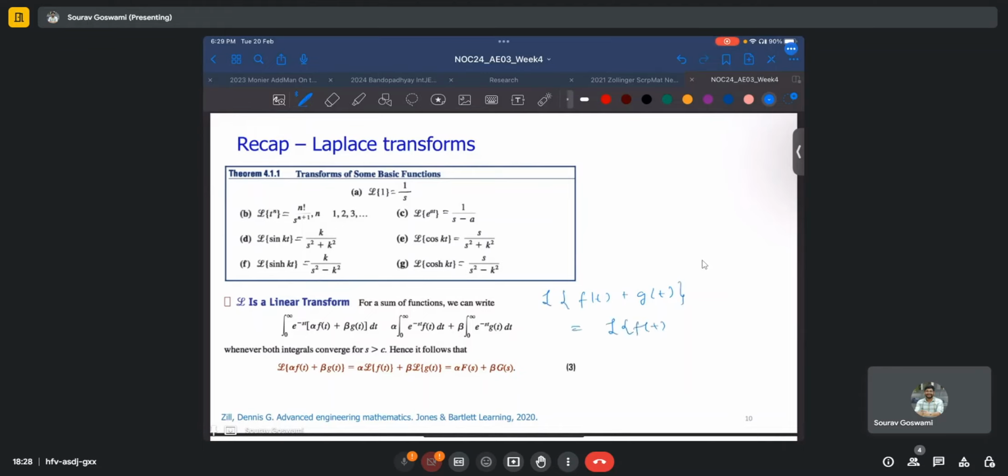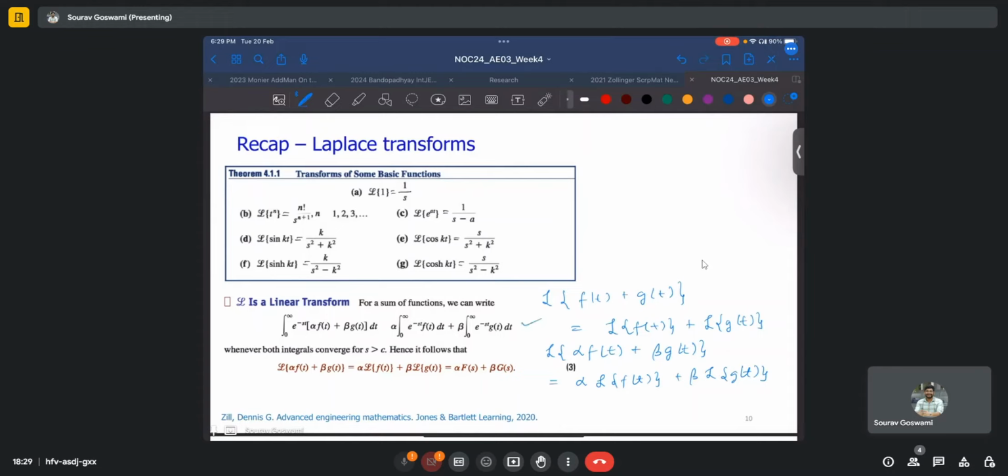Even if you multiply with scalars, the Laplace of alpha f of t plus beta g of t, we can pull the scalars out. This will equal alpha times Laplace of f of t plus beta times Laplace of g of t. It comes straightforwardly from the integration and is also shown here.